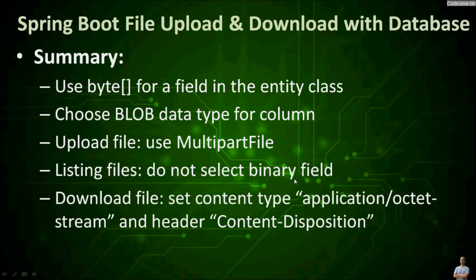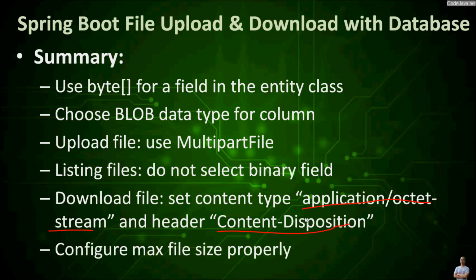And for the file download, you need to set the content type of the response to application/octet-stream and the header to Content-Disposition, so the browser will be able to download the file. And lastly, you need to configure the max file size properly in both ends, in the application and in the database server.